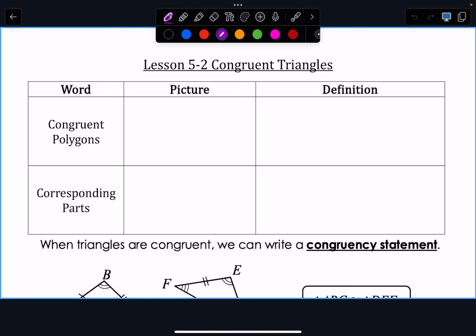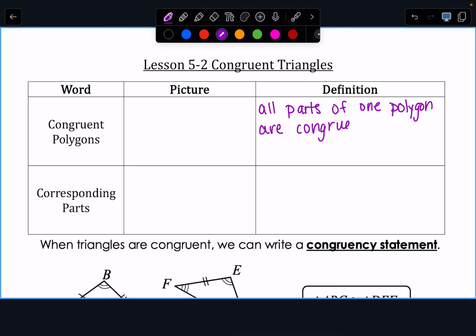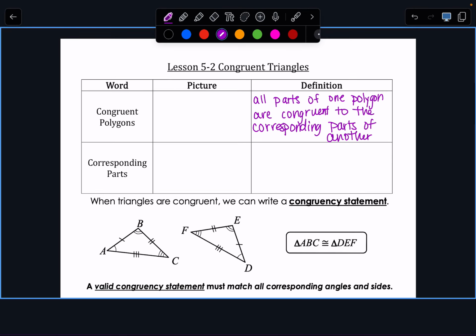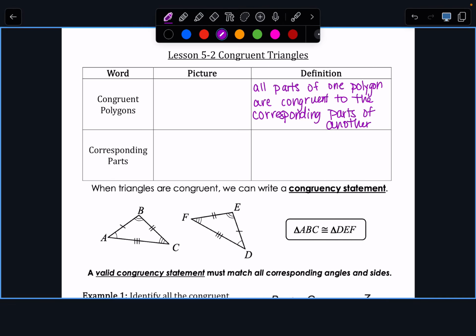Congruent polygons mean that all parts of one polygon are congruent to the corresponding parts of another. All parts of one polygon are congruent to the corresponding parts of another.